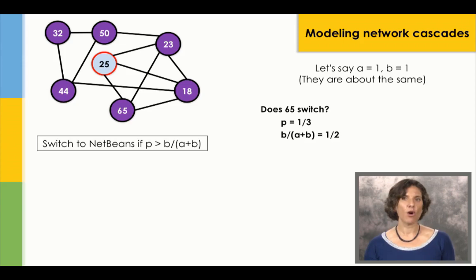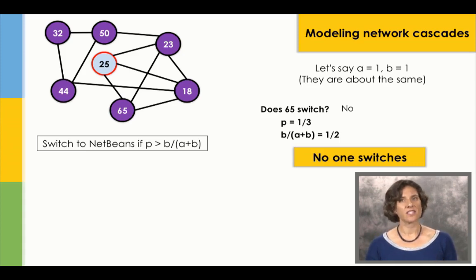And B over A plus B is 1/2. So P is not greater than 1/2, and so 65 will not switch. And in fact, if you look at this network, and we can do this inequality for all the nodes in the network, nobody is going to be incentivized to switch to NetBeans. So everybody stays with what they've got.